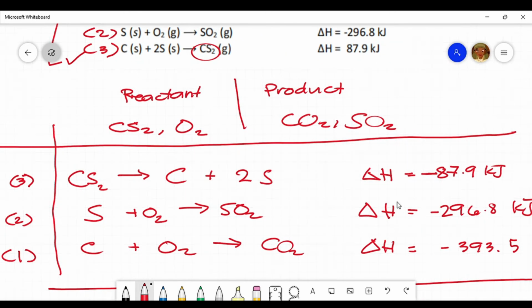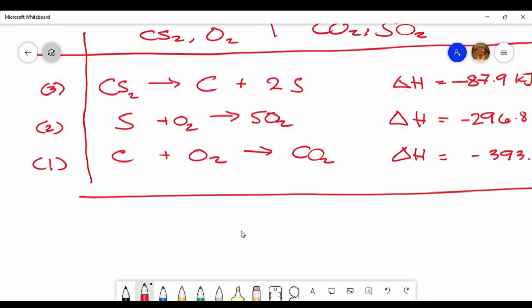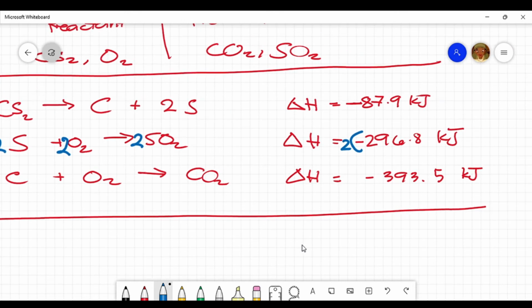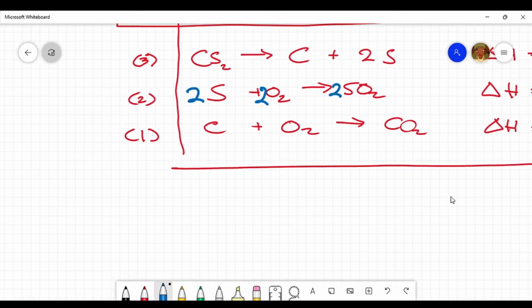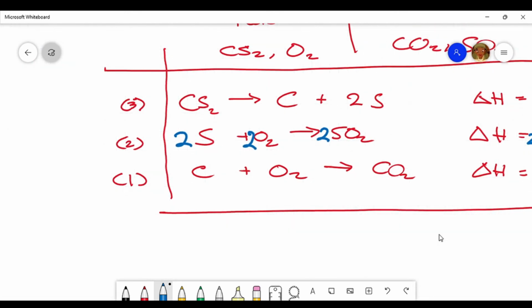Okay, so let's first make some adjustments. For this to have 3O2, we want to multiply this by 2. And in order to have a balanced equation, we multiply all components by 2, including the enthalpy change. So now we have this one.